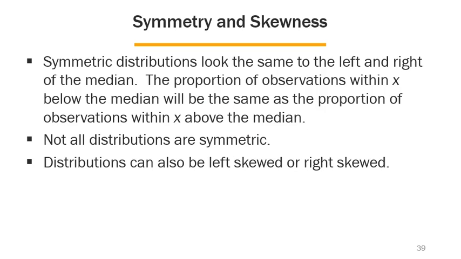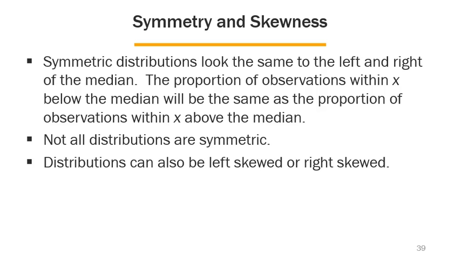All right, the last concept to cover in this part is symmetry and skewness. A symmetric distribution looks the same to the left and to the right of the median. So the proportion of observations within X, you pick a number, within X below the median will be the same as the proportion of observations within X above the median.